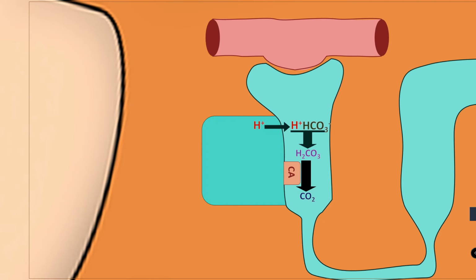So CO2 is a small lipophilic gas. By the process of diffusion, it can easily cross the membrane, and it will come inside according to the concentration gradient, right? Now this CO2 will be converted back into H2CO3 in the presence of carbonic anhydrase. And this H2CO3 can dissociate into H positive as well as bicarbonate, and this bicarbonate will be reabsorbed into plasma.